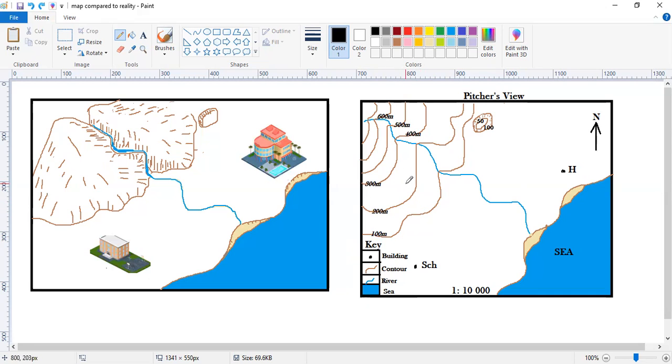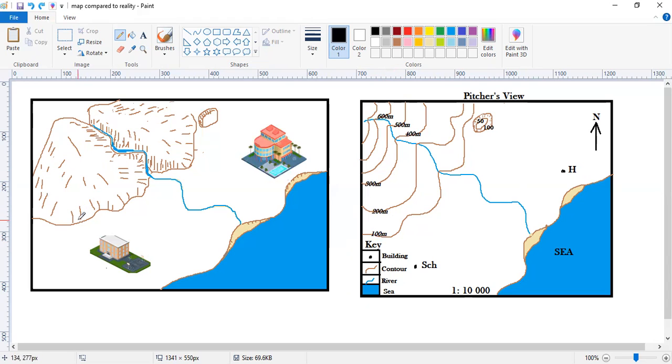So we want to use the vertical distance to also give location. All right. The contour lines are also very useful in helping us to describe slopes.